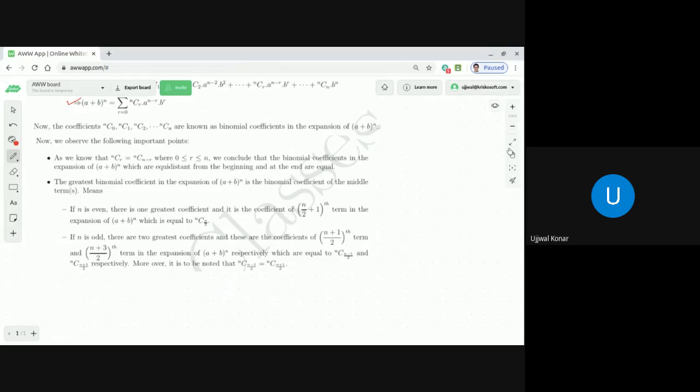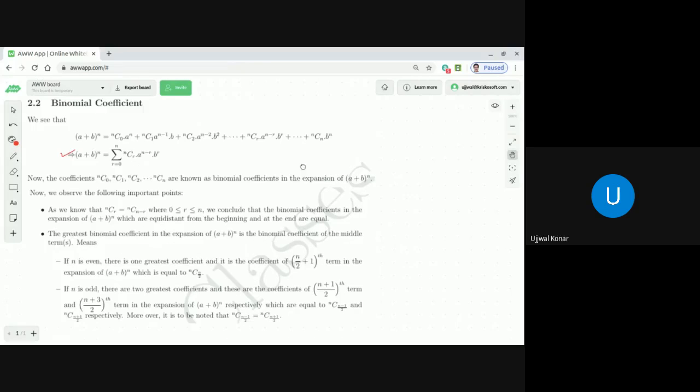Understood? What is the meaning of this statement? If you look at the binomial coefficients, the value of nC0 is equal to the value of nCn. Correct, dear students? Because you find nC0 and nCn are both the same. In this case, both are 1, by the way.